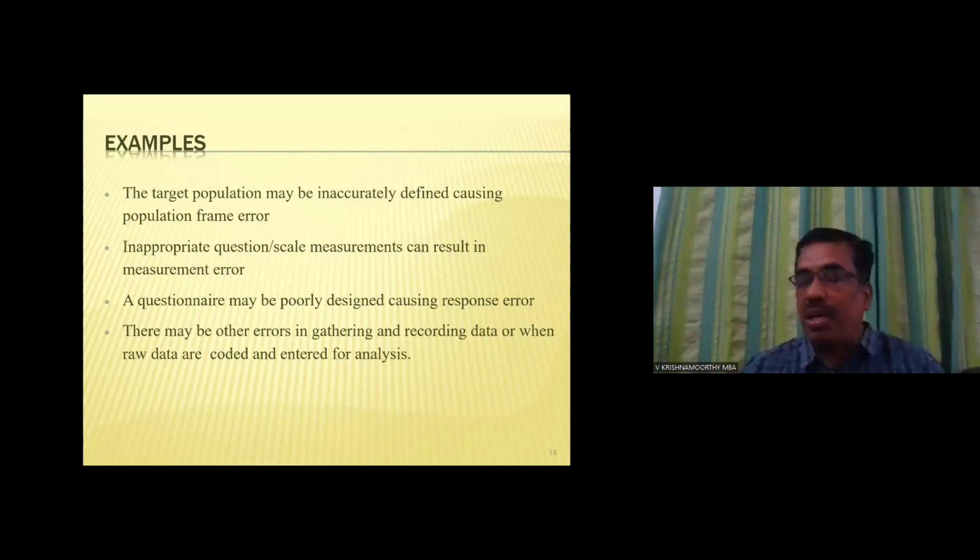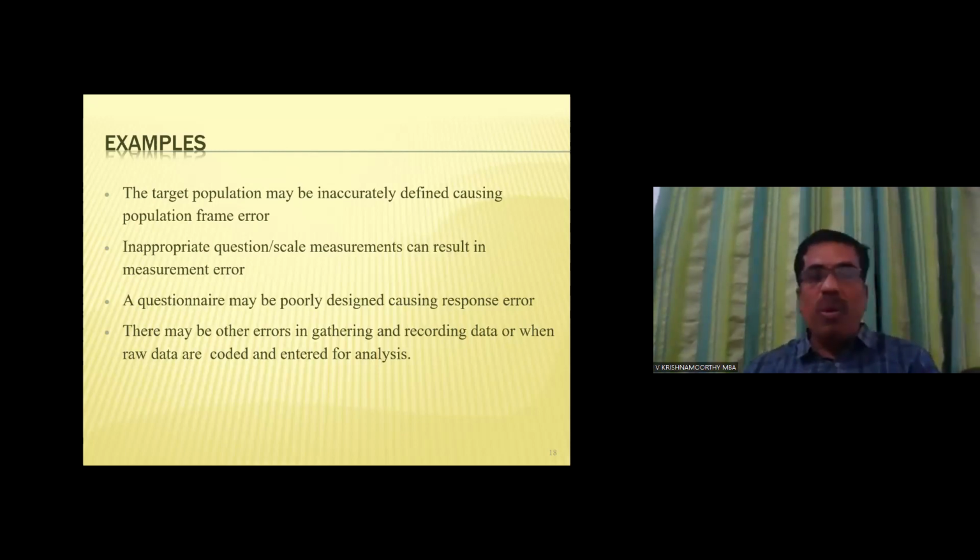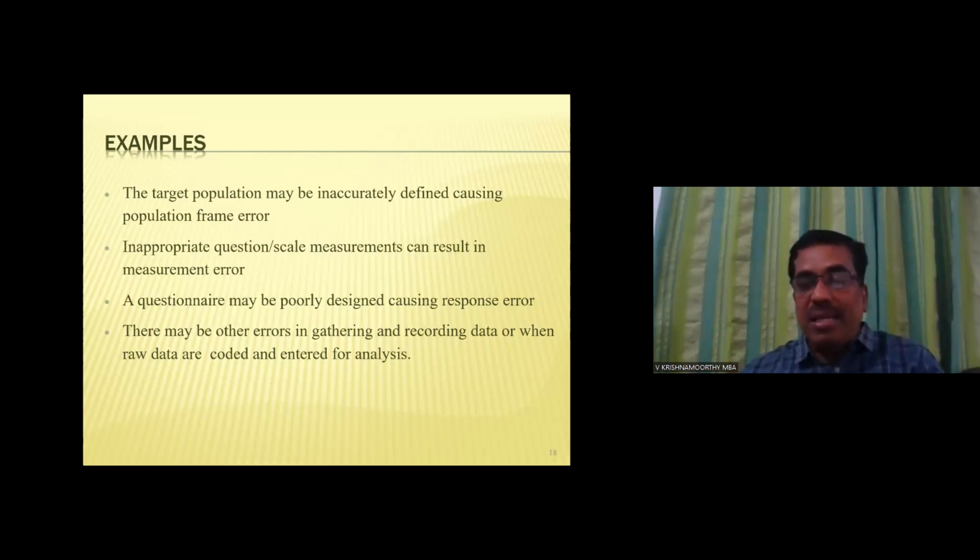Only with the help of the questionnaire. If the questionnaire is not correct, or you don't know how to formulate the questionnaire, naturally you will have a measurement error. Another important thing, if you have prepared a poorly designed questionnaire, where the questionnaire construction is very poor, then respondents may not answer the questions.